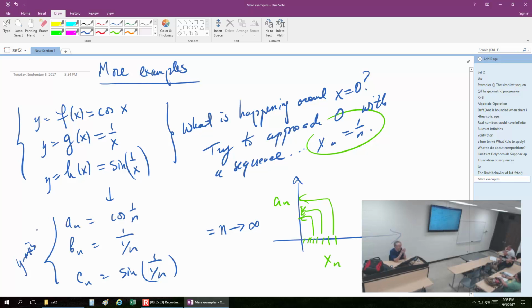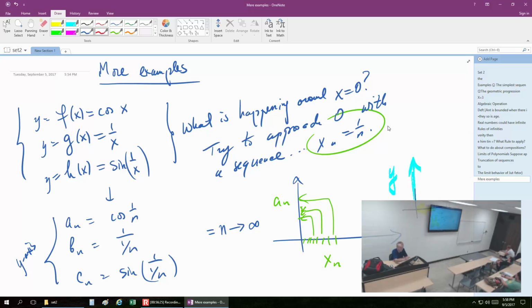See how the behavior is a bit uncomfortable. This is how xn behaves, but look at what is happening to y. It goes like this. These are y's, and once again, the blue one is x's.